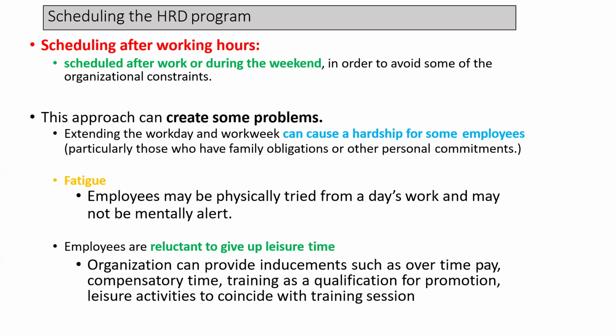So once a training program is scheduled at weekends, for example on holidays, employees may be demotivated to come. In that case, in the worst scenario, if you want to schedule a training program at the weekend, you must give an incentive to motivate participation.